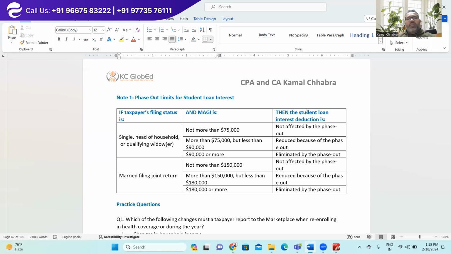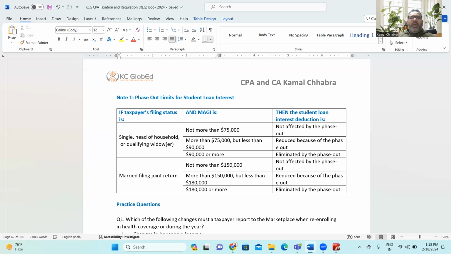That means the entire $2,500 you can claim as a deduction. When the taxpayer income increases from $75,000 but is still less than $90,000, that means up to an additional $15,000, at each dollar you'll be reducing a proportionate tax benefit. So that is called phase out.